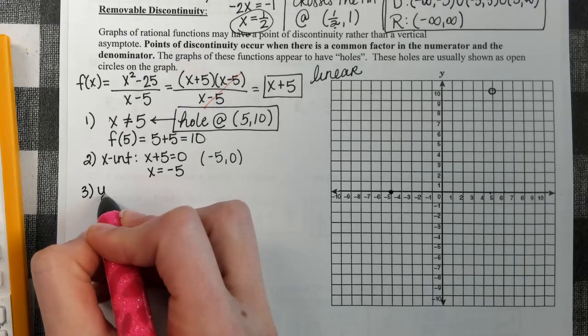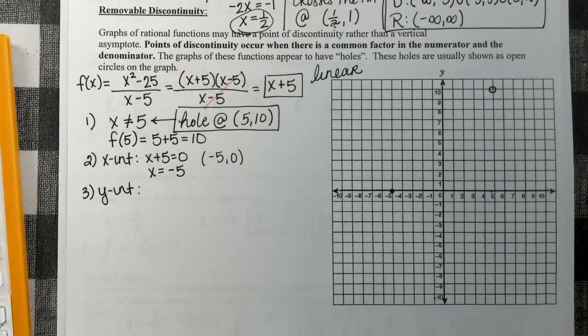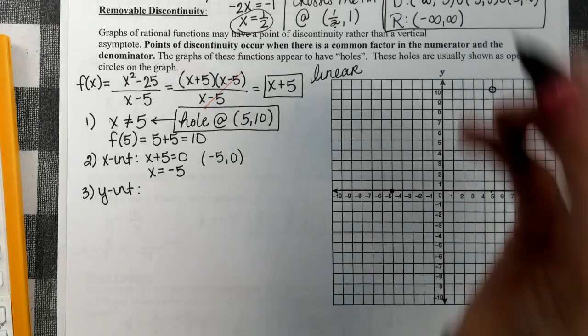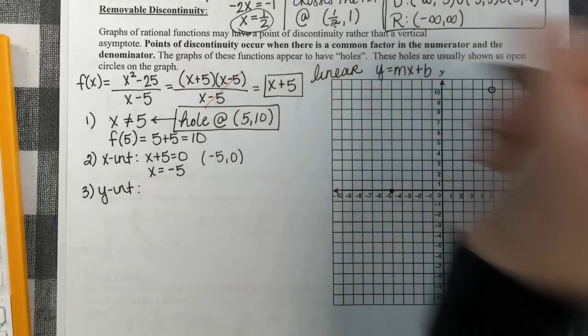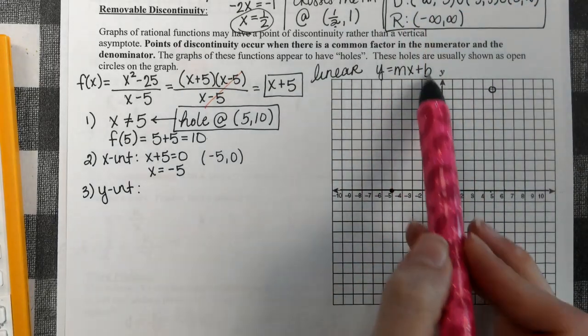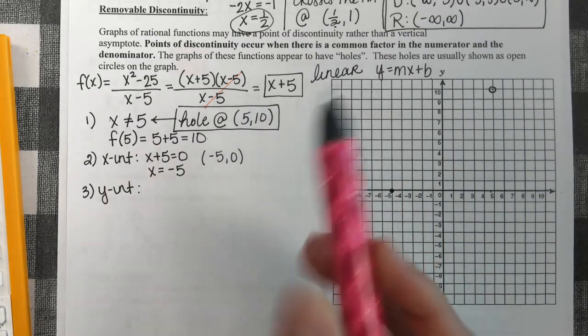Then our y-intercept. What do you know about the y-intercept of a linear function? Linear is what form? y equals what? mx plus b. What do I know about that? The y-intercept is b, so what's my y-intercept? 5.